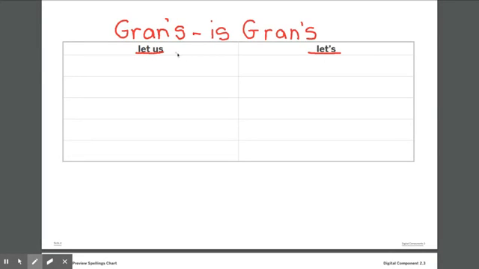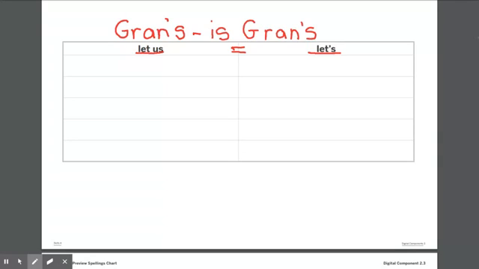I want you to take a minute and look at the difference between these two. Here's the two words, let us, and here's the one word, let's, which means the same thing, just like in math, they're the same thing. But I want you to see if you can spy what is different. When you have it, give me a thumb up in the air.